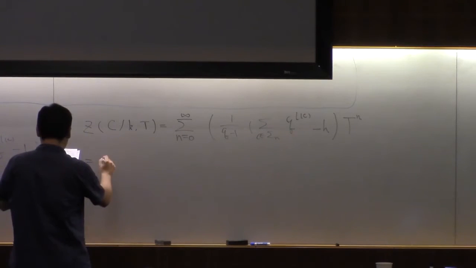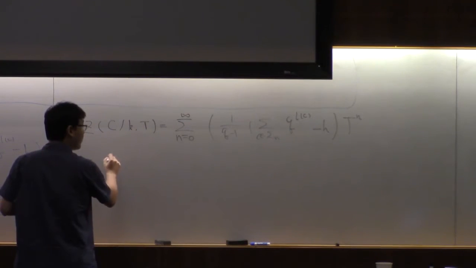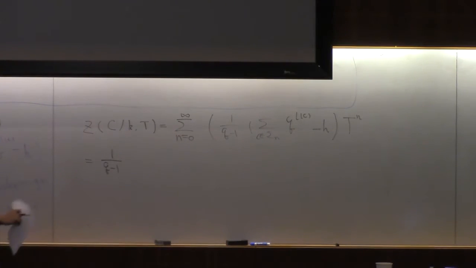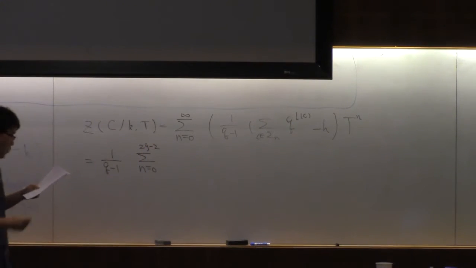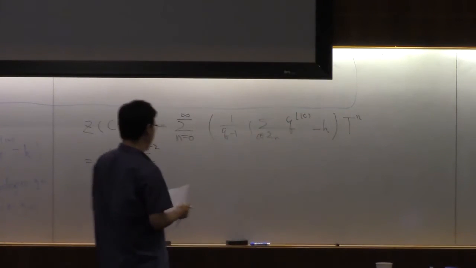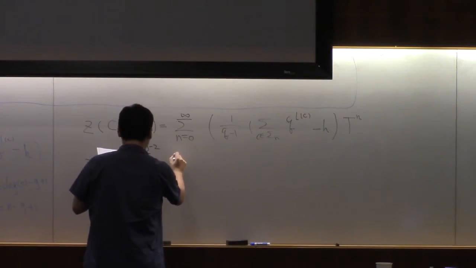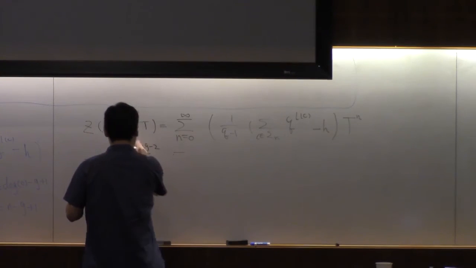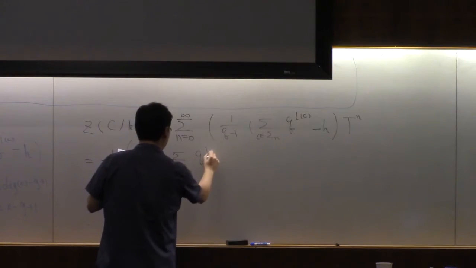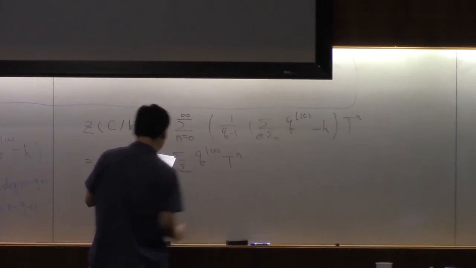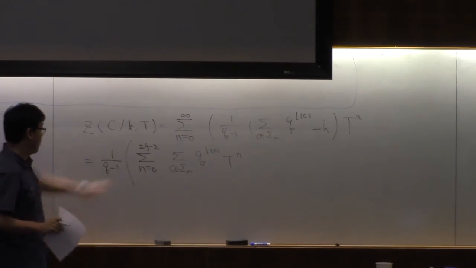First, you take the sum for those n which are smaller or equal to this number, so you take the sum from 0 to 2g minus 2 of these monomials. You just keep this term.